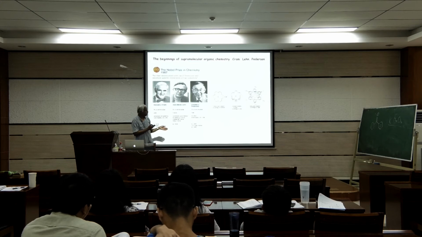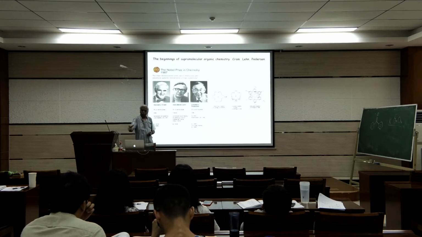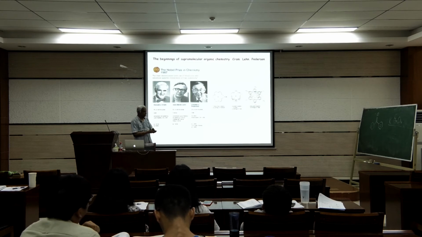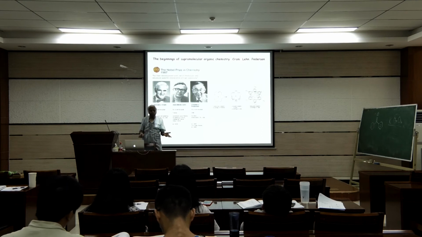So if the K plus goes in, the MnO4, which is minus charge, will automatically come, because K plus and MnO4 always want to be together. Then the potassium permanganate becomes soluble in hexane or benzene.